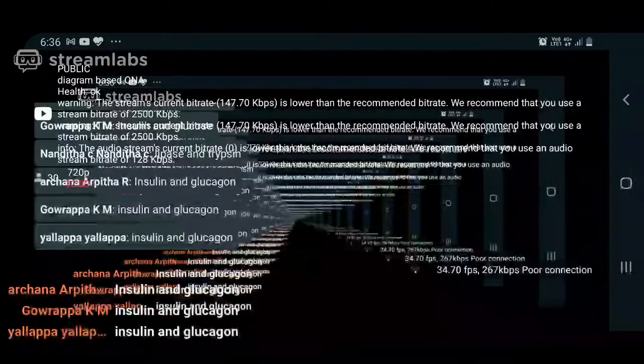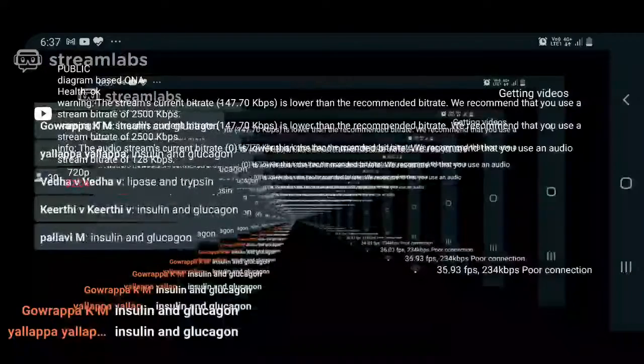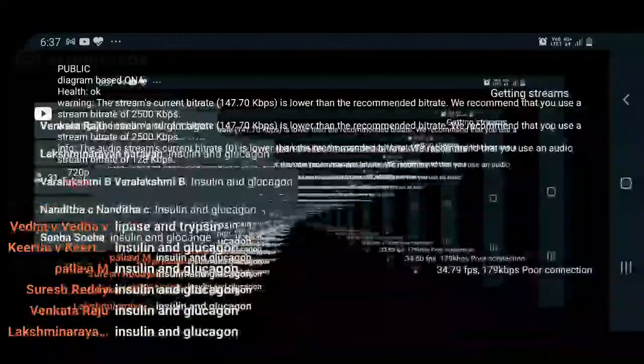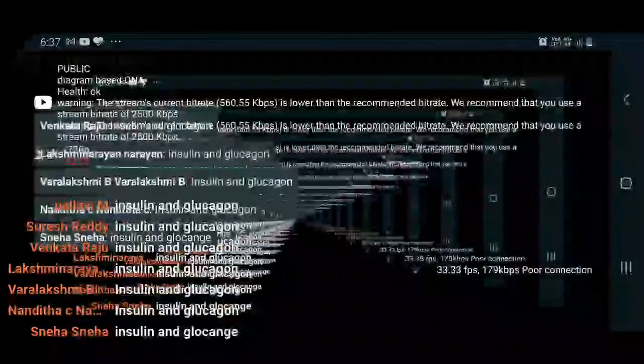Okay, let me clarify here. Pancreas is a dual gland. It acts as endocrine and exocrine. It is called as endocrine because it secretes the hormones called insulin and glucagon.